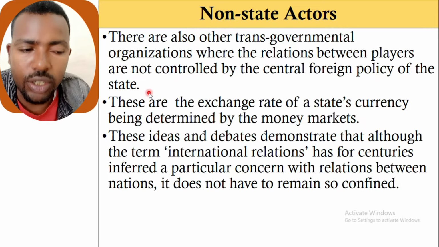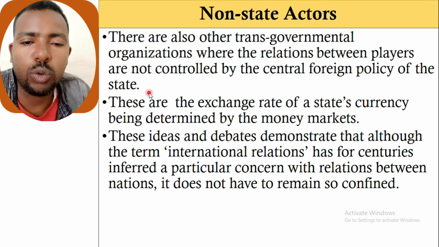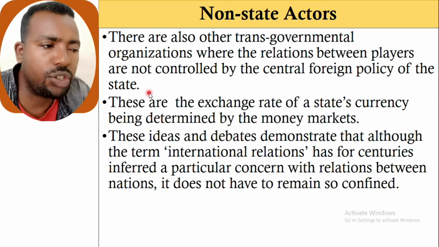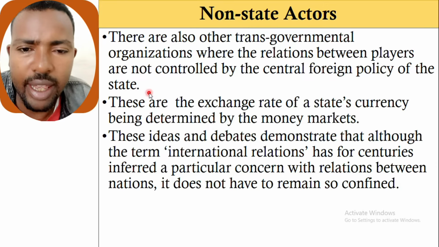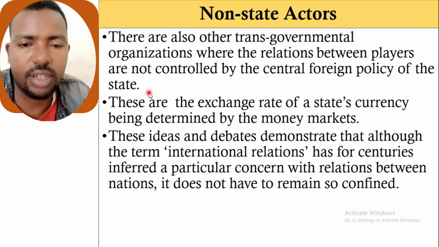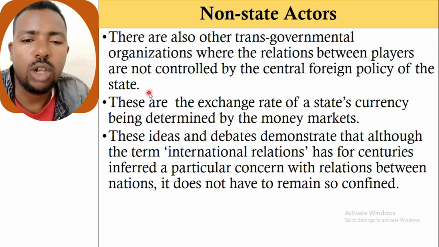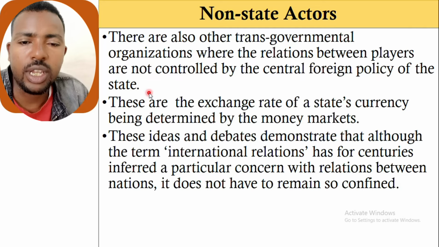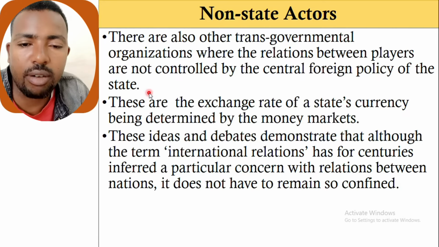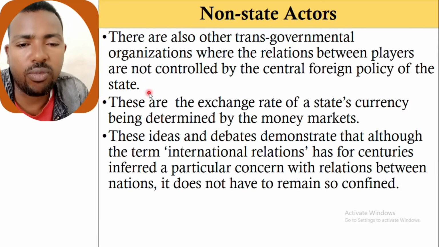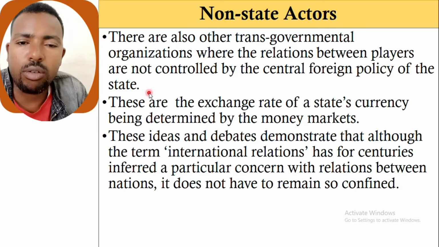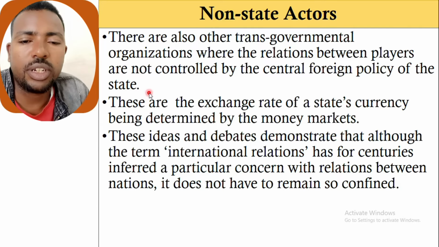African Union is playing a significant role in the relationship between states and also with international governmental organizations. These are no more controlled by the states' policies, no more controlled by the government, no more controlled by their foreign policies. These kinds of transgovernmental organizations have their own foreign policy objectives, their own guidelines and operational structures.